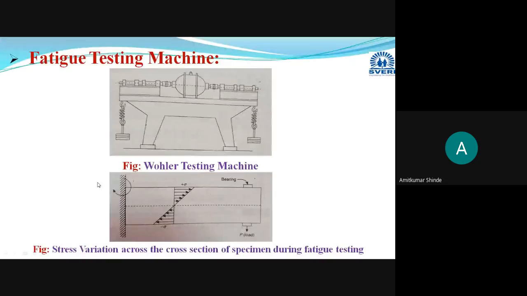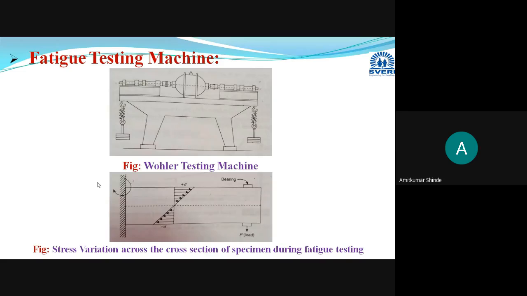And this n is nothing but the number of cyclic fluctuations occurring in the stress. Whichever rotations are there are simply denoted by letter r, and the fluctuation in the stress is denoted by the letter n, and letter s will indicate the stress value.